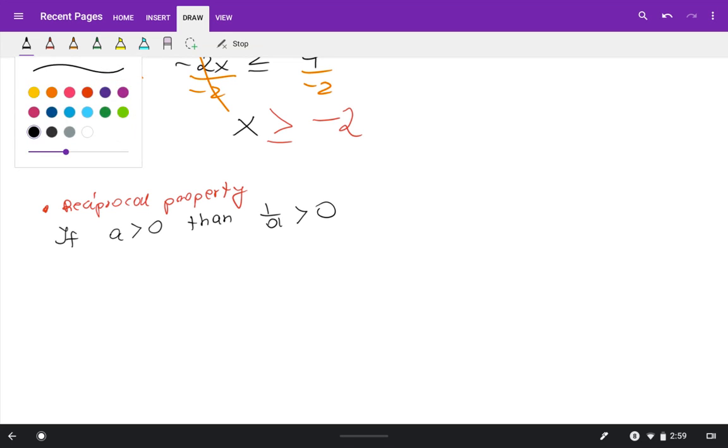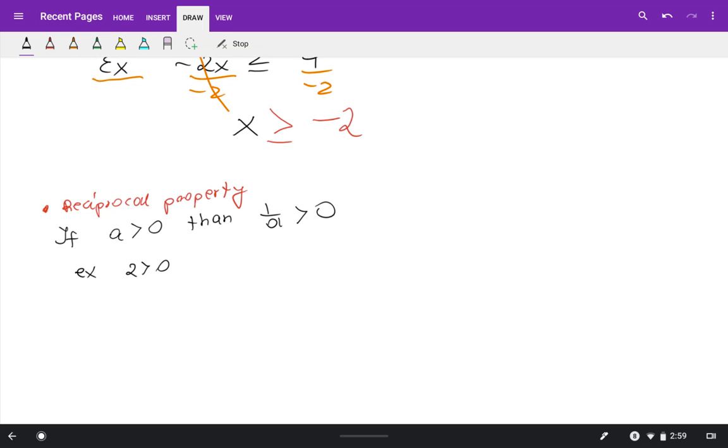Because think about it, just an example. We know that 2 is greater than 0. So we know that the reciprocal of 2, which is 1/2, is also greater than 0. Or again, you can do the opposite of that. If you know that a fraction is greater than 0, then the reciprocal of that fraction, which is a over 1, is also greater than 0.